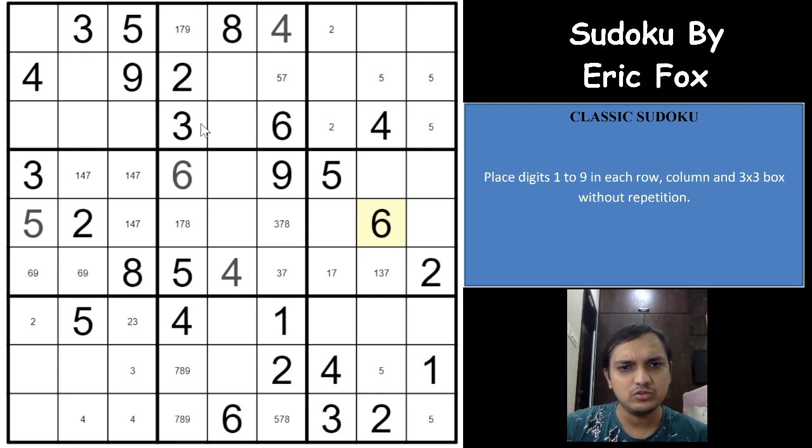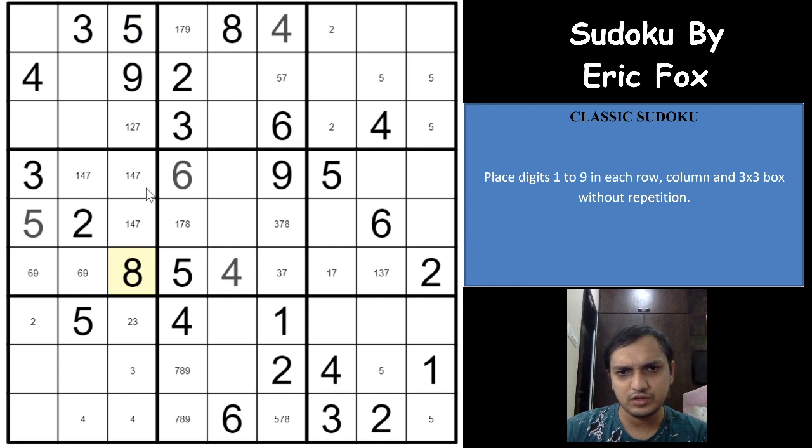If you see, this cell seems to be more important. What are the digits that can come here? There are still many possible digits here. 1, 2 and 7 are the possible digits, because 3 is there, 4, 5, 6, 7 is not there, 8 and 9.